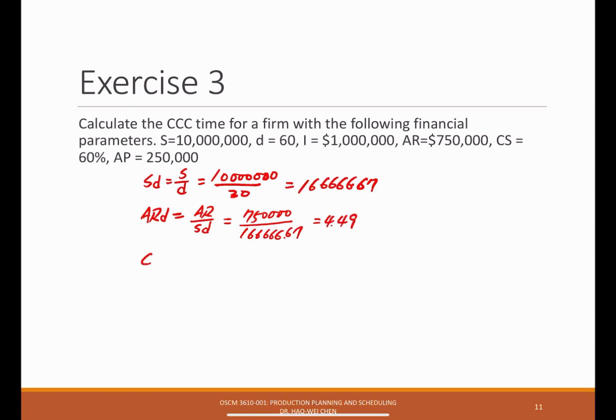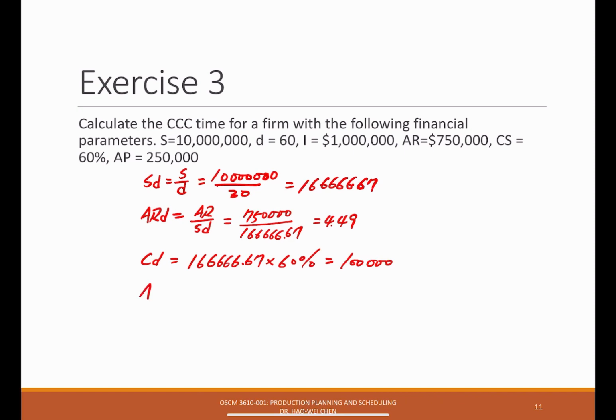Then we can calculate the cost. The cost will be your SD multiplied by the percentage. In this case, it will be 60%. So this is roughly equal to 100,000.